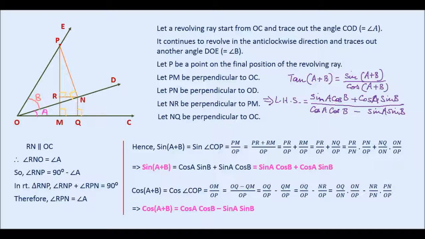Now if we divide the numerator and the denominator by cos A cos B, what do we get?